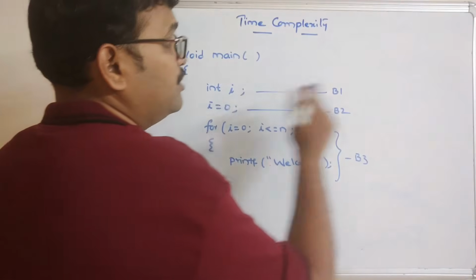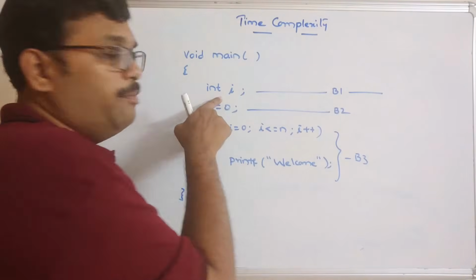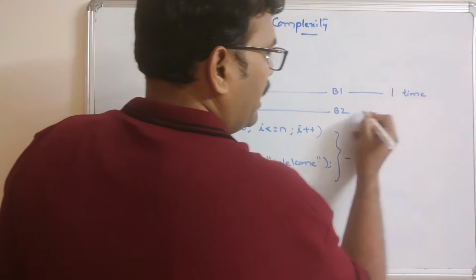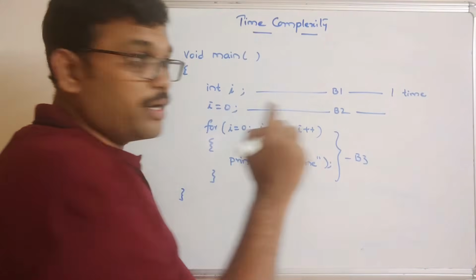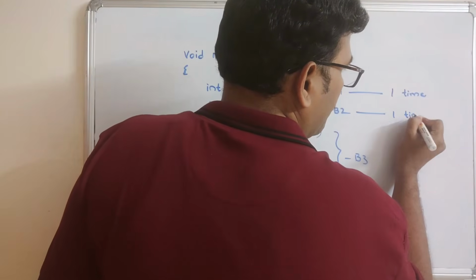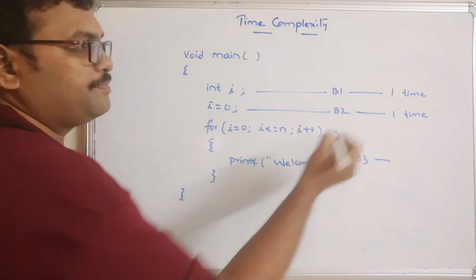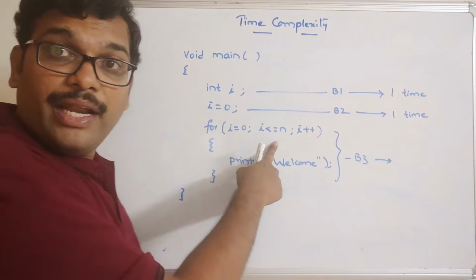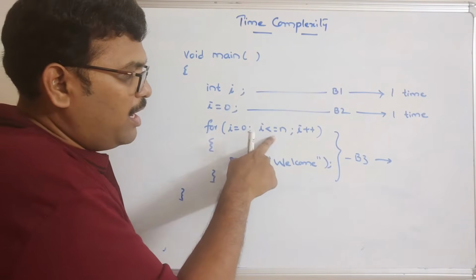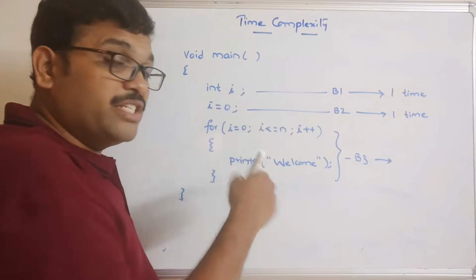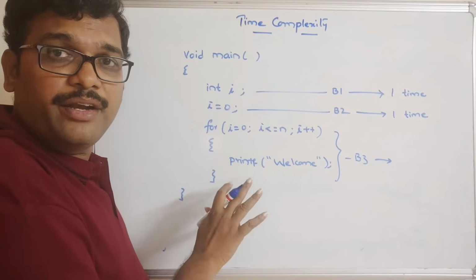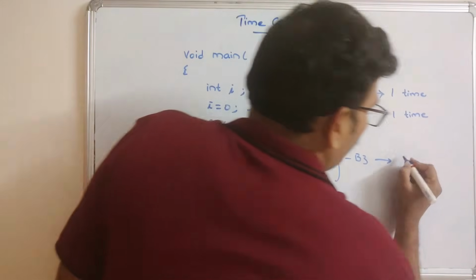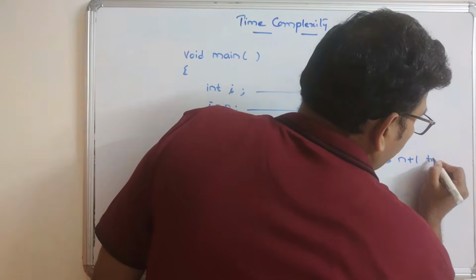This will be executed only one time, and this will be executed only one time, and this one, how many times will it be executed? n plus 1 times, because if i becomes n plus 1, then only the loop will be terminated. So it will be n plus 1 times.